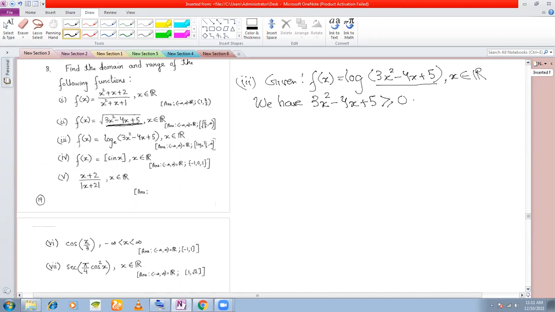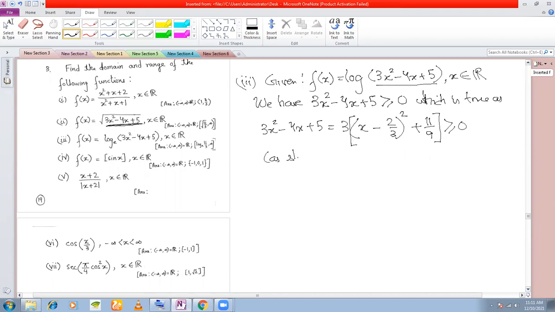As we have already shown, 3x square minus 4x plus 5 is 3 times (x minus 2/3) square plus 11/9, which is greater than or equal to 0, as shown in 2 above. So this restriction is satisfied.